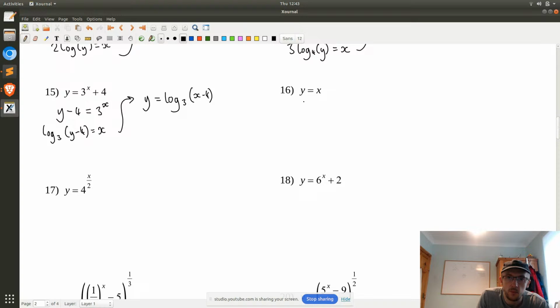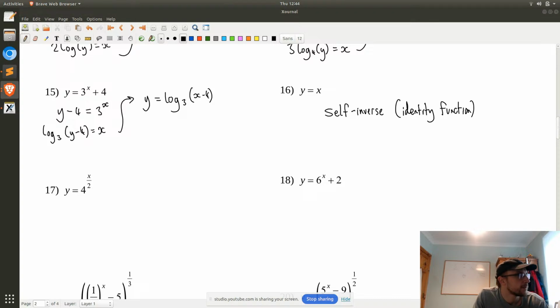But I don't know what on earth is going on with this one. It's its own inverse, self-inverse, as it's the identity function. And check. And that's correct.